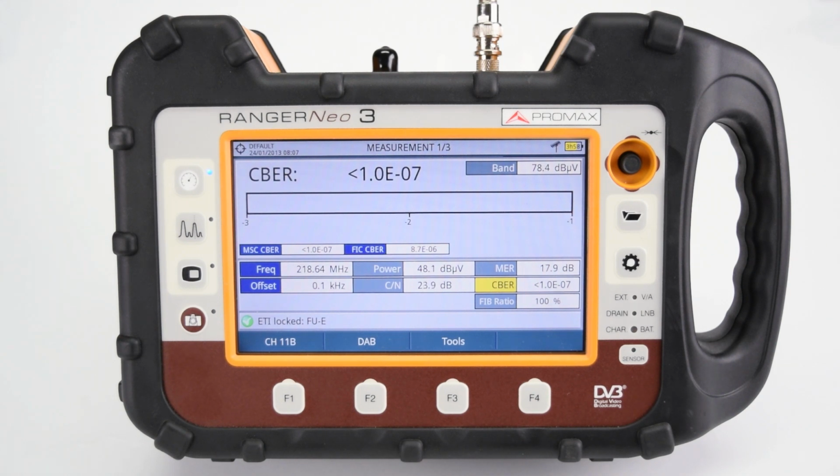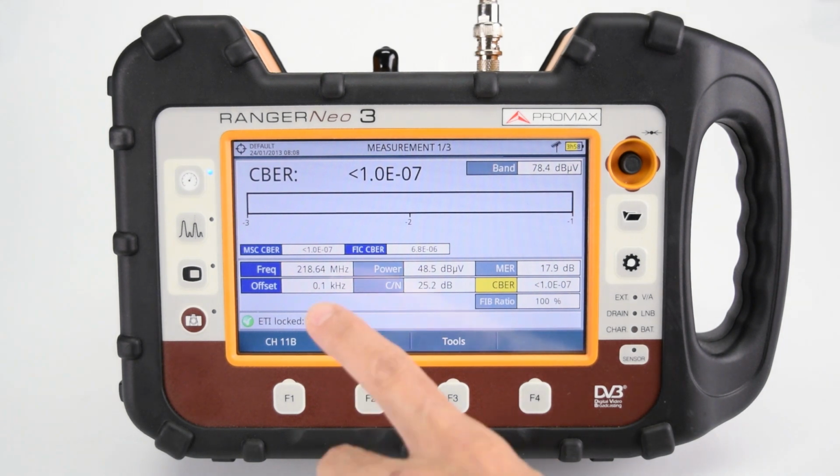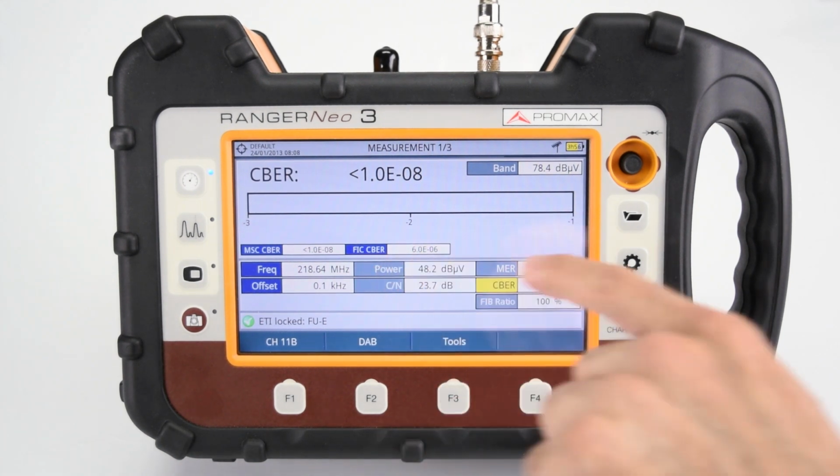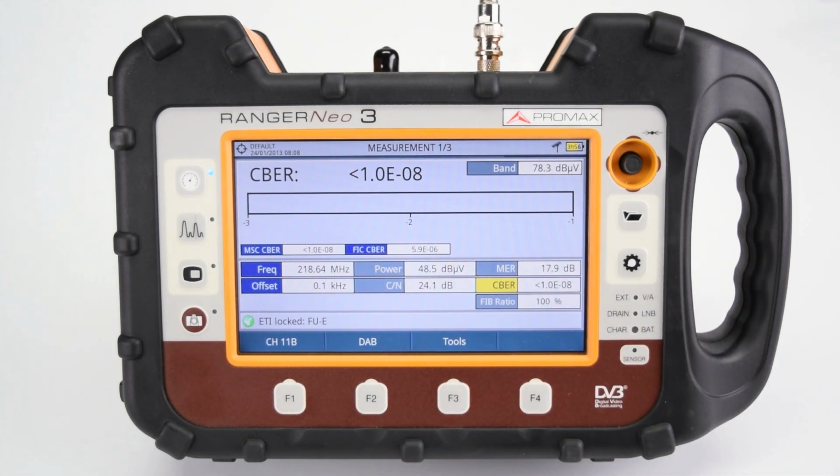They are called the FIC, Fast Information Channel, and they contain audio IDs, service names, or audio languages. There is the MSC, or Main Service Channel, with the audio and data information, and the FIC, or Fast Information Channel, with the additional service information.